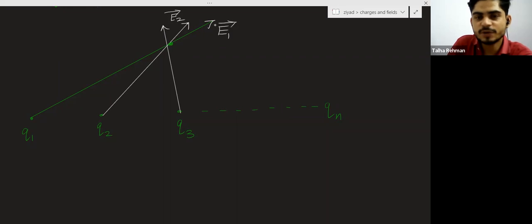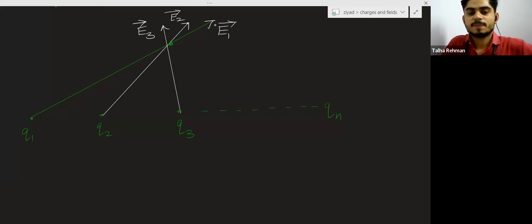And accordingly, you can identify the direction of electric field due to all the charges, including the charge Q4 placed here.